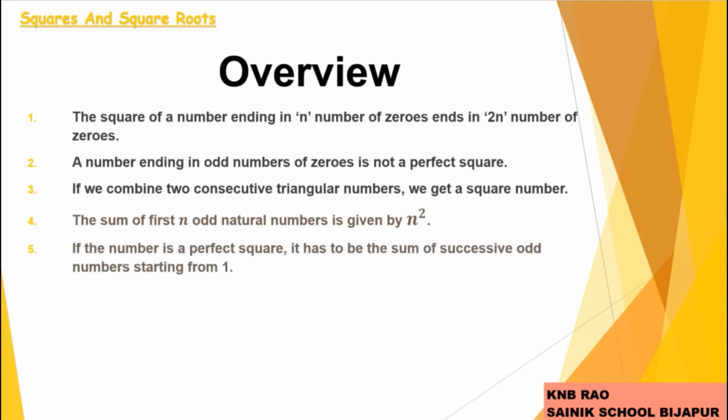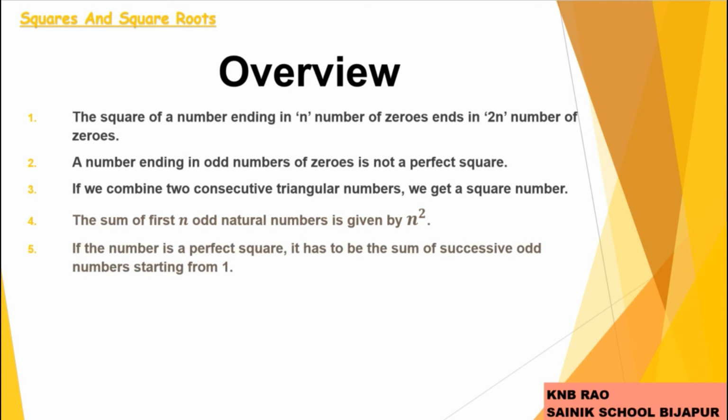If the number is a perfect square, it has to be the sum of successive odd numbers starting from 1. This is a continuation of the same. The sum of the first n odd natural numbers is n square.